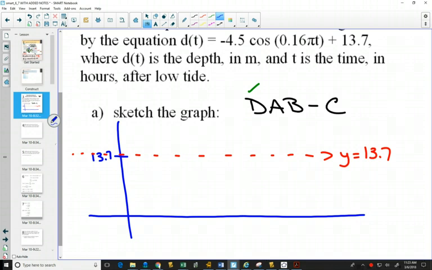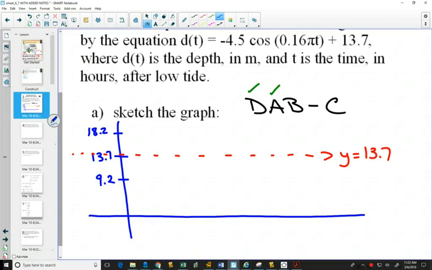I use my center line and my amplitude to mark my maximum. So 13.7 plus 4.5 will be 18.2, and 13.7 minus 4.5 will be 9.2. That's all you have to do for the A.